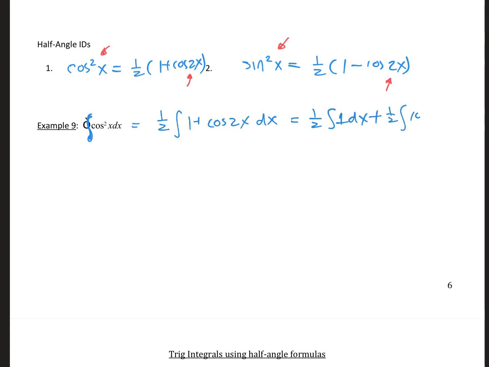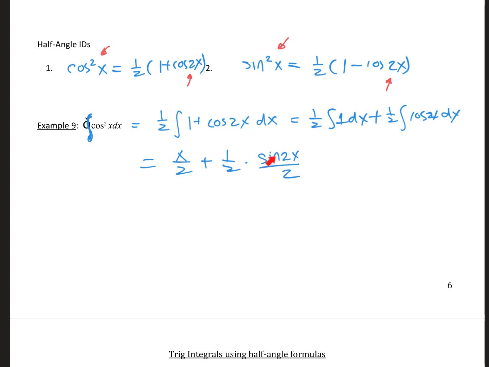1/2 cosine 2x dx. Okay, the first one is easy, the integral of 1 is just x. So x over 2 plus 1/2 times the antiderivative of cosine, which is sine, so sine 2x over 2.